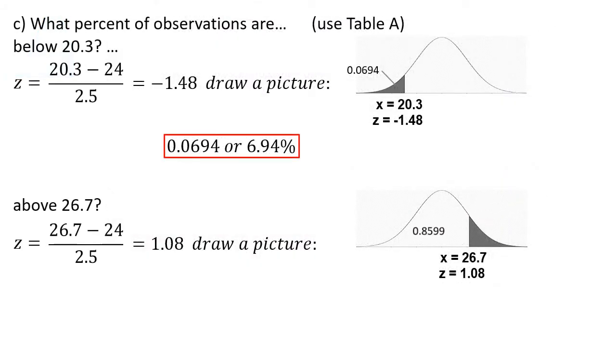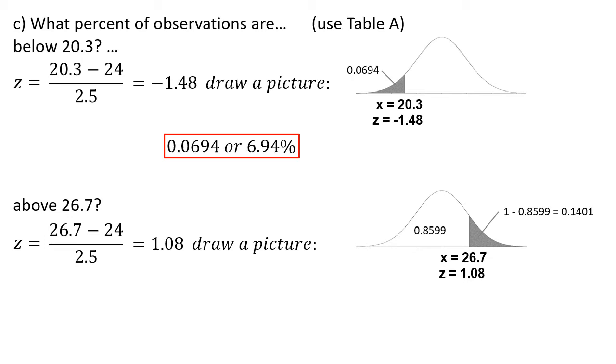That's the area to the left, and we want the area above, which means the area to the right. So we simply have to subtract the number that the table gave us from 1. And that will give us the 14% that's on the right, or above that z-score value.